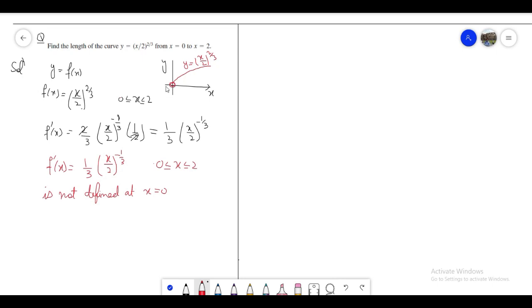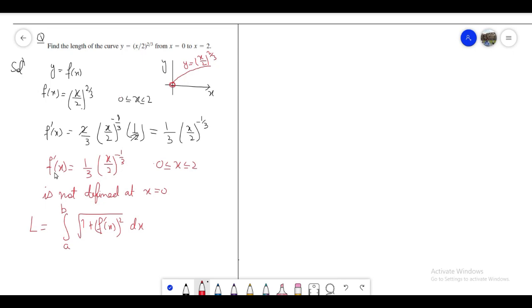And now we had the formula for the arc length, which was the integral from a to b of the square root of 1 plus f dash of x whole squared dx. Now we see that in our interval between 0 and 2, the derivative does not exist.